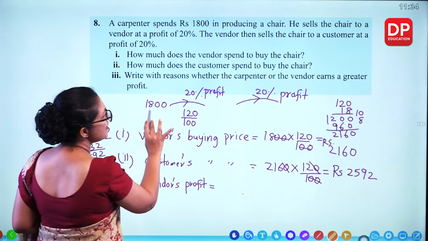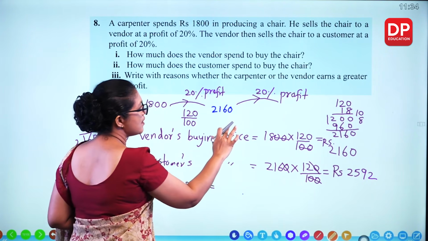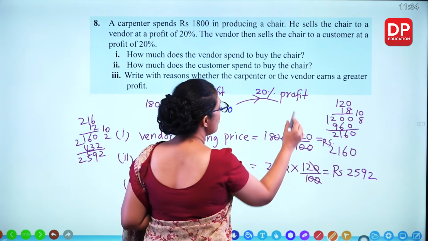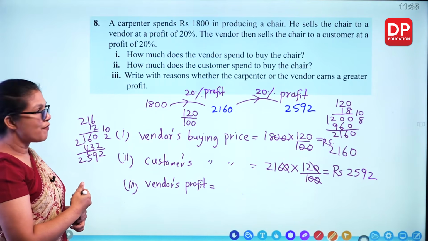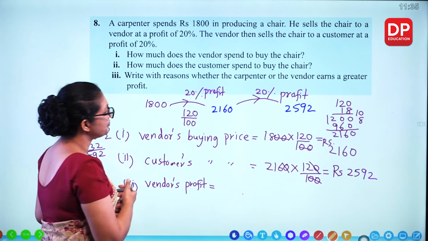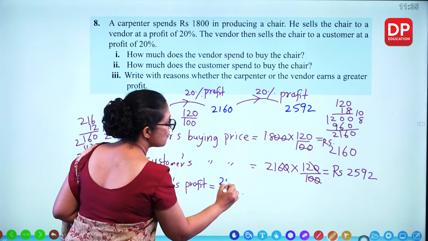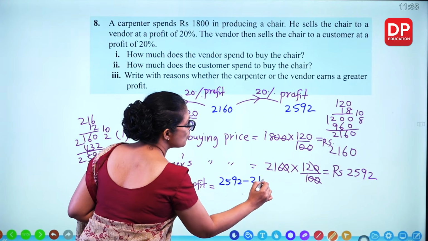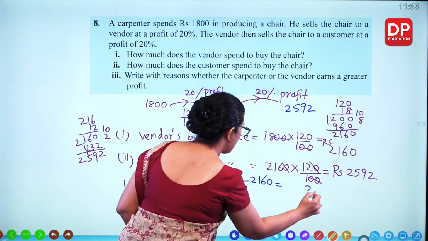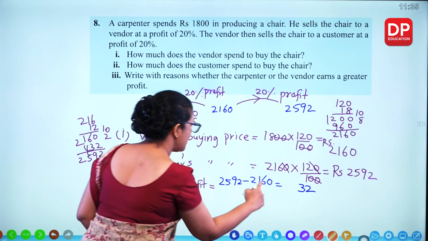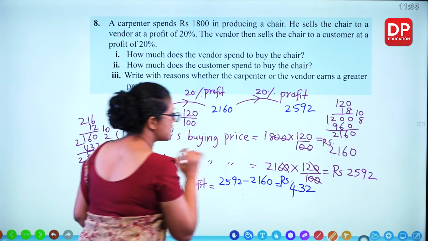This is 1,800, then the vendor buys for 2,160 and the customer buys for 2,592. So what's the profit for the vendor? The difference between these two. So vendor's profit is 2,592 minus 2,160. So subtract these two, you get 2 here, 9 minus 6, 3, and here 5 minus 1, 4. So profit is this.